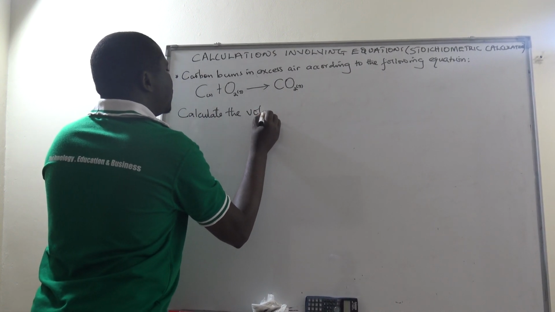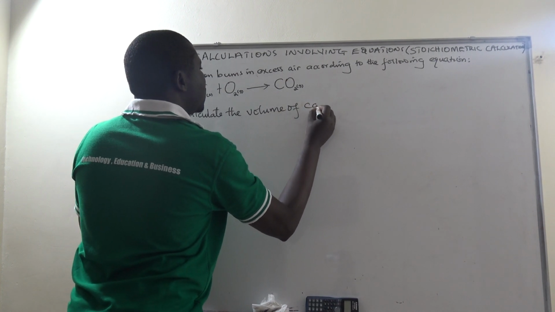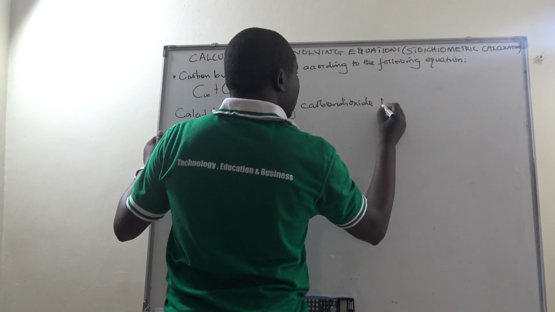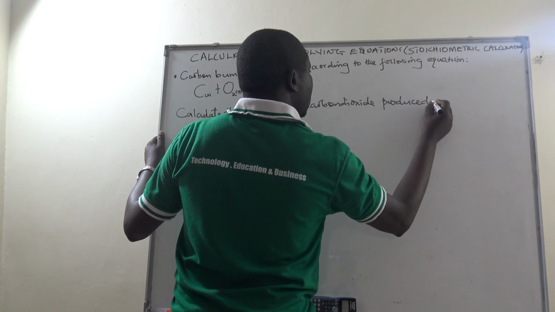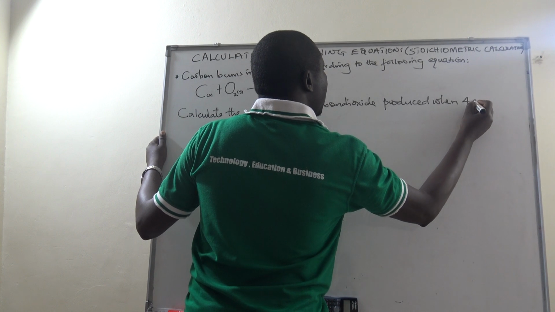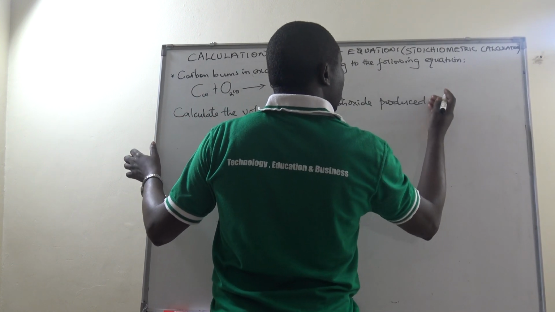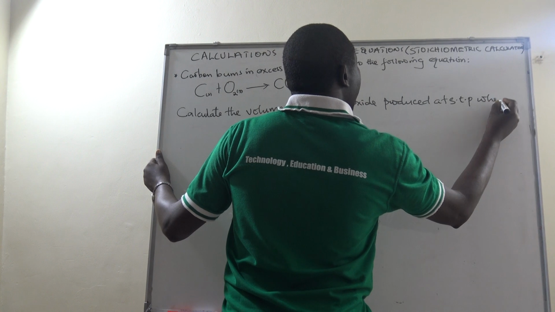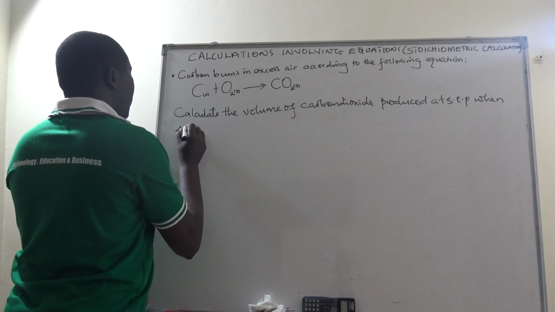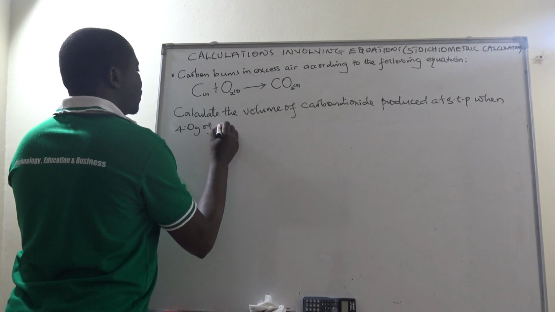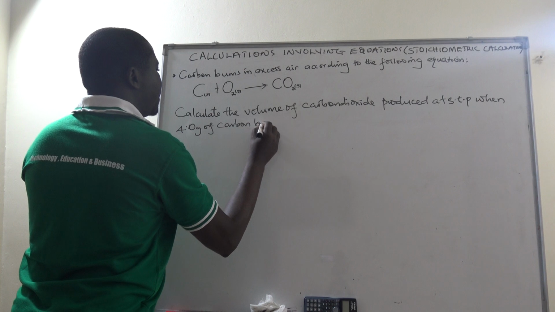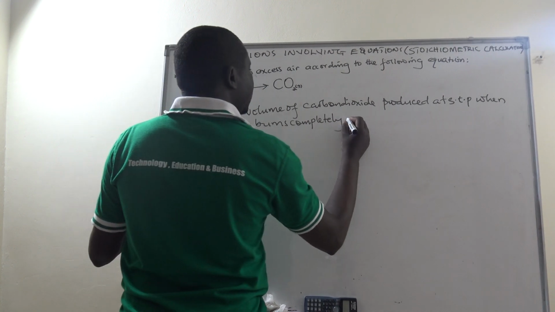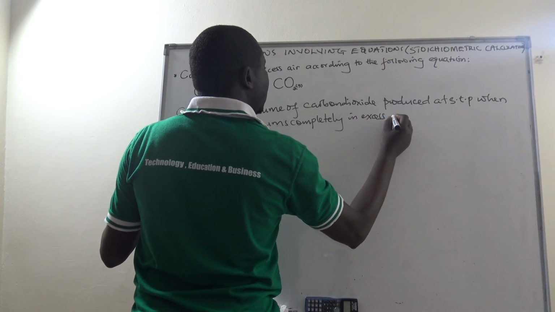Now, we are supposed to calculate the volume of carbon dioxide produced at STP when 4.0 grams of carbon burns completely in excess air.